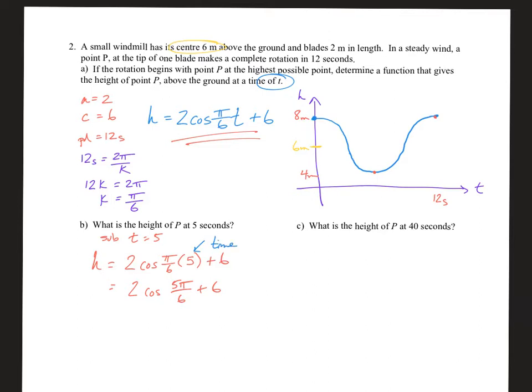But when you calculate cos 5 pi by 6, 5 pi by 6 has to be an angle. So how did time change into angles? And more specifically, how did time that's being measured in seconds somehow become an angle which is measured in radians?